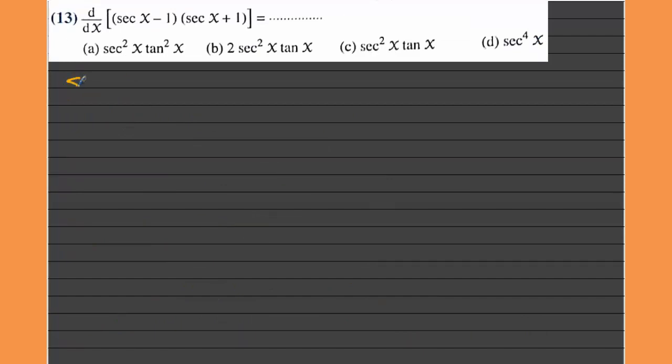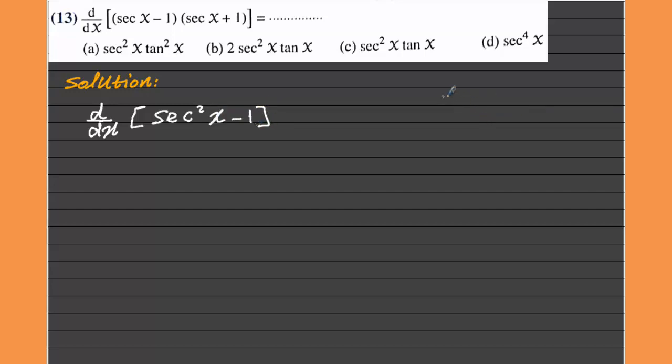Question number 13, we have, first we write the solution. We have d dx of sec x minus 1 multiply sec x plus 1 equals one of these choices. So we write d dx of sec x minus 1 multiply sec x plus 1 is sec square x minus 1.